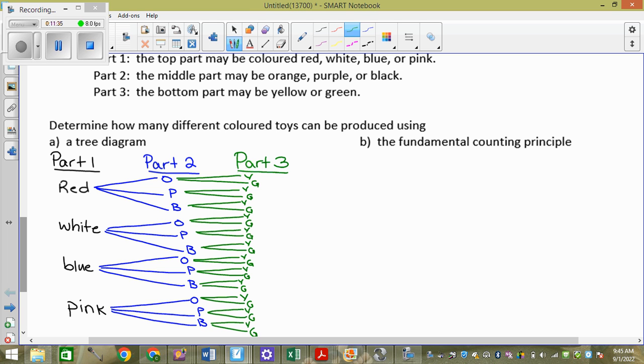So how many different toys did we get here? Now, 24. We had 12, and technically each of those spots is going to double it. So we have 24 different toys.